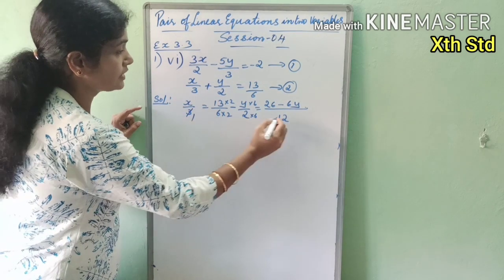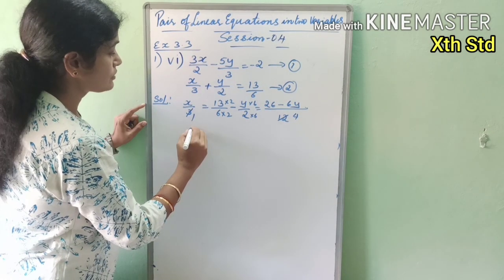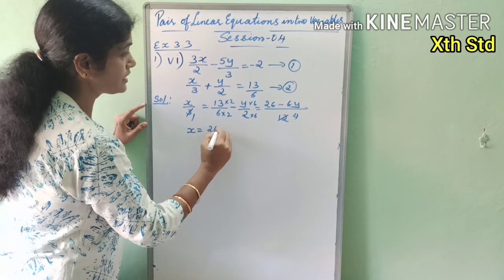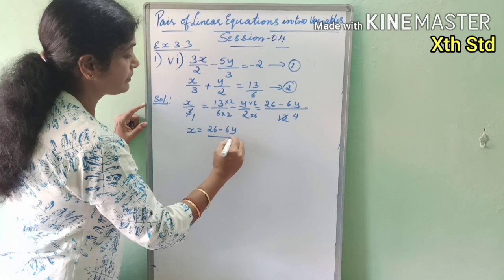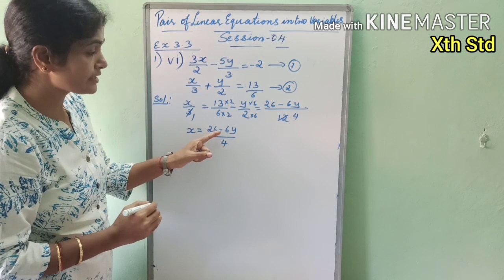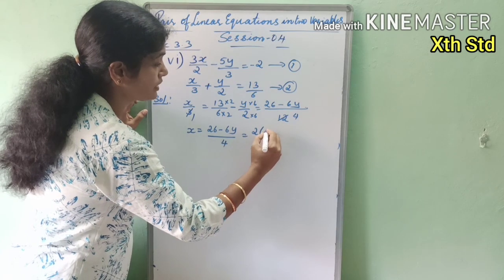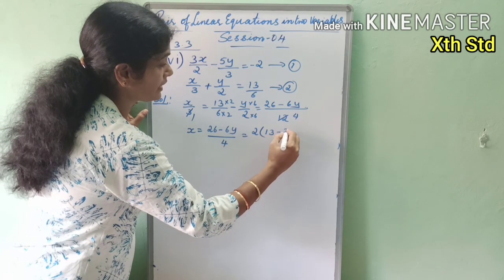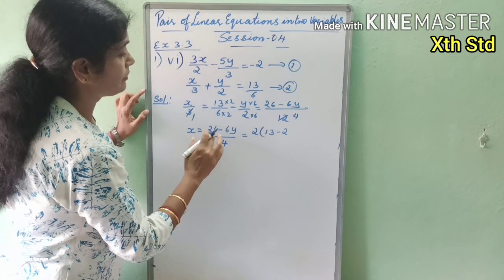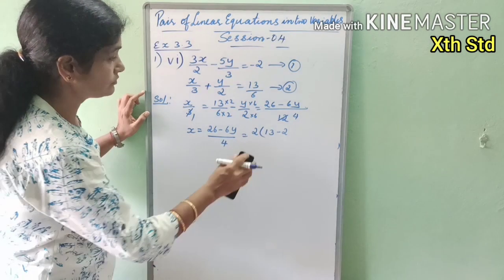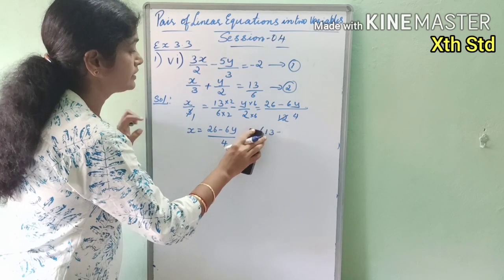So 3 1s are 3, 4s are 12, simplified. So x is equal to (26 minus 6y) by 4. Here also we can take out 2 common. So it is 13 minus 3y.